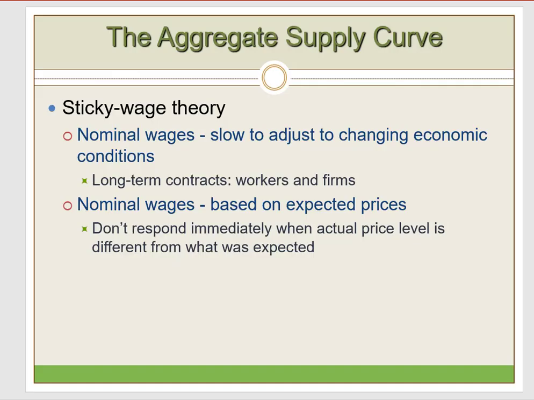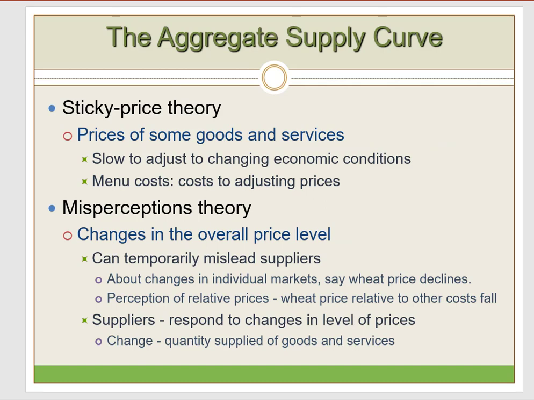Now, sticky price theory is the second explanation. In this theory, similar to the sticky wage theory, the prices are sticky in the sense that once the pricing is done of all the products, let's say output or goods and services, adjusting or reducing the prices will become troublesome or difficult.